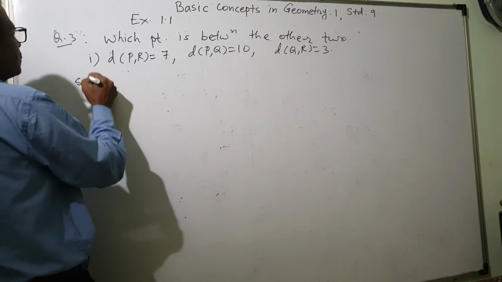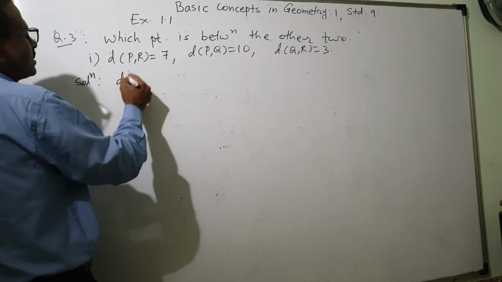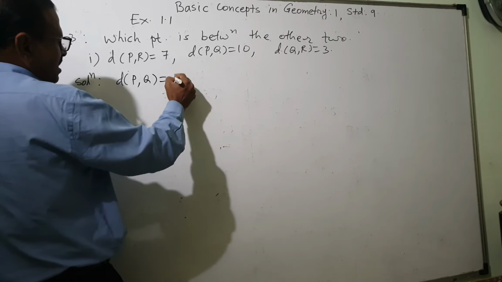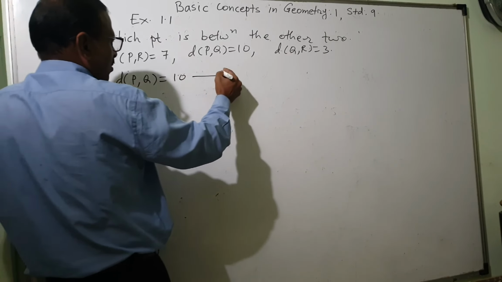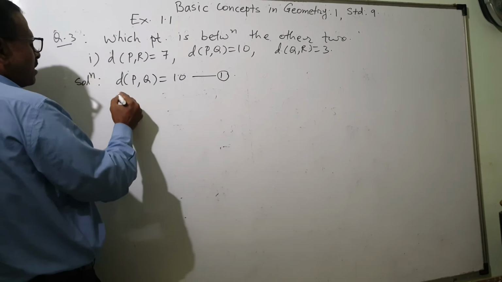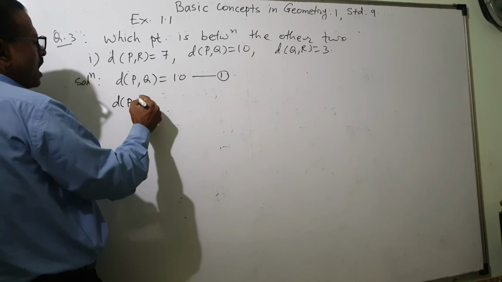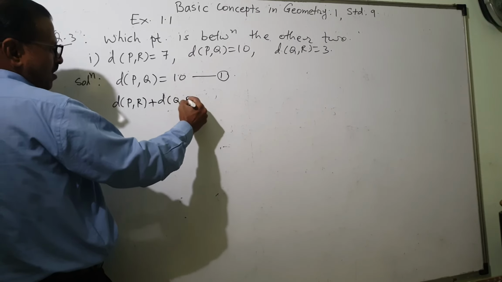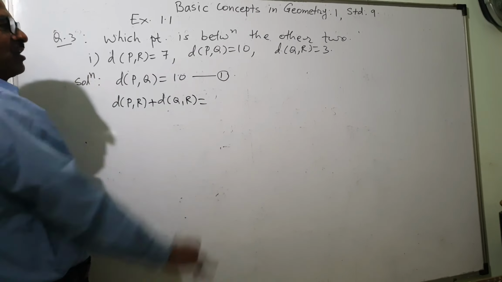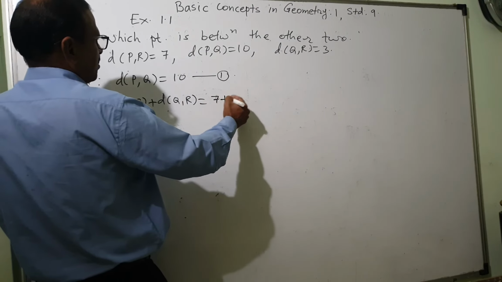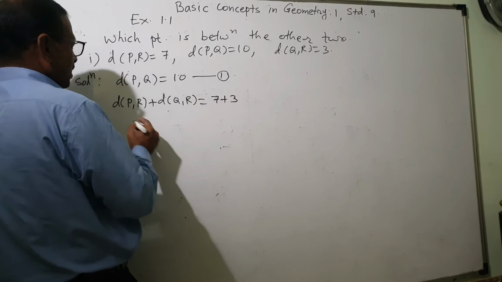Solution. Distance PQ, that is the biggest distance, the largest distance. So this is equal to 10, number 1. Now these two small I will add. Distance PR plus distance QR, smaller, we have to add. Distance PR is 7 plus distance QR is 3.